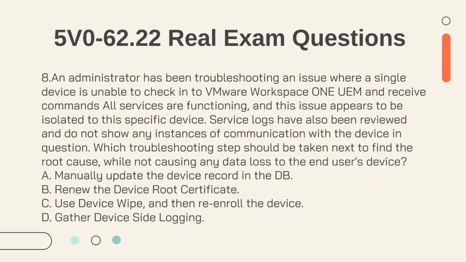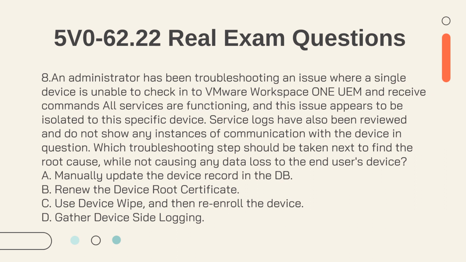8. An administrator has been troubleshooting an issue where a single device is unable to check into VMware Workspace ONE UEM and receive commands. All services are functioning, and this issue appears to be isolated to this specific device. Service logs have also been reviewed and do not show any instances of communication with the device in question.